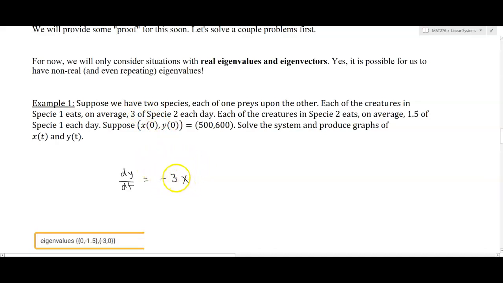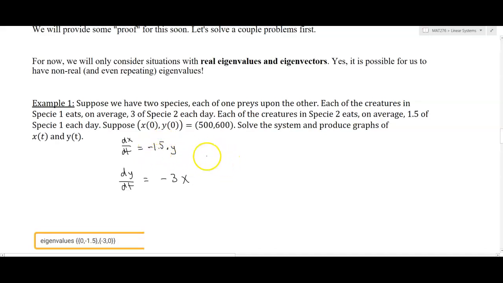So negative 3 y population values consumed per one of species 1, and dx dt was similar, but every creature in species 2 consumes 1.5 of species 1.